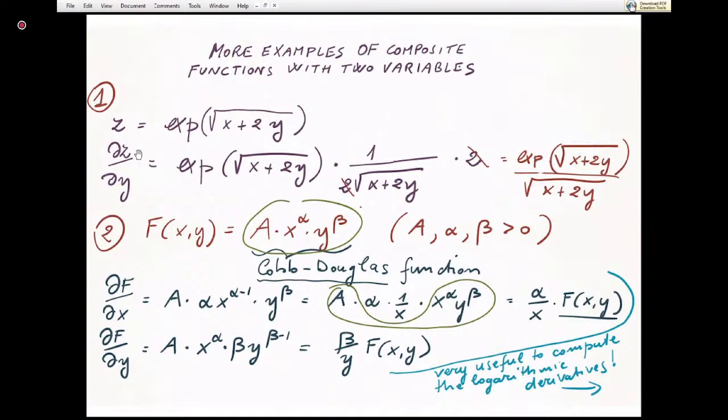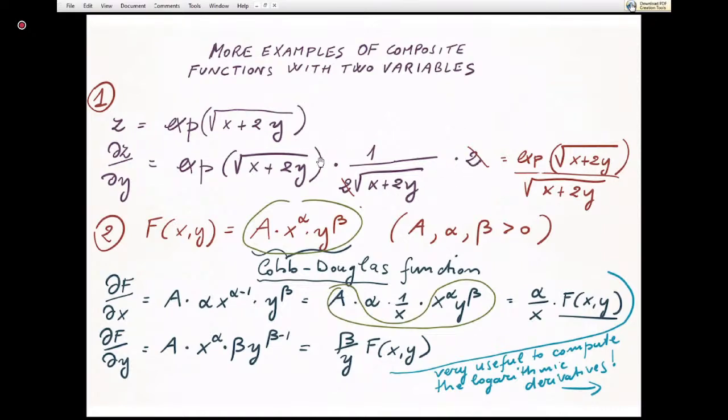What is the derivative of z with respect to y? First of all, this is an exponential, and the exponential is a one-variable function, but the argument is a two-variable function. So I take the exponential of the square root of x plus 2y times the derivative of the exponent with respect to y. So times 1 over 2, again the square root of x plus 2y times 2.